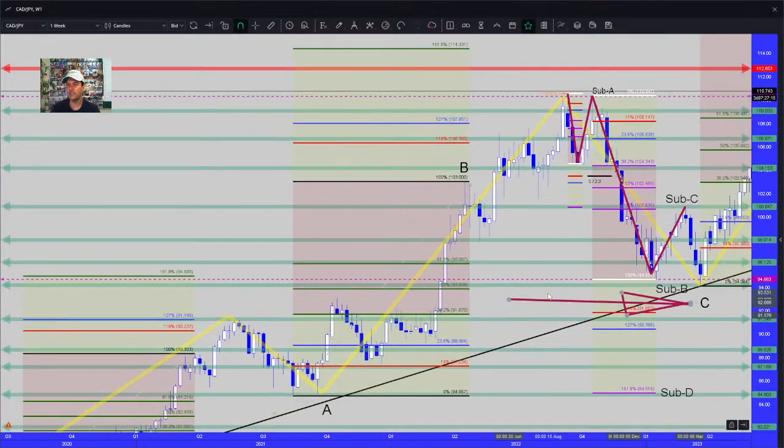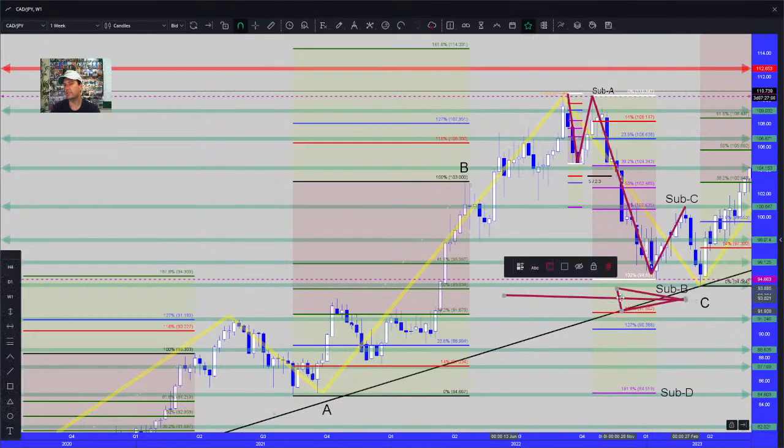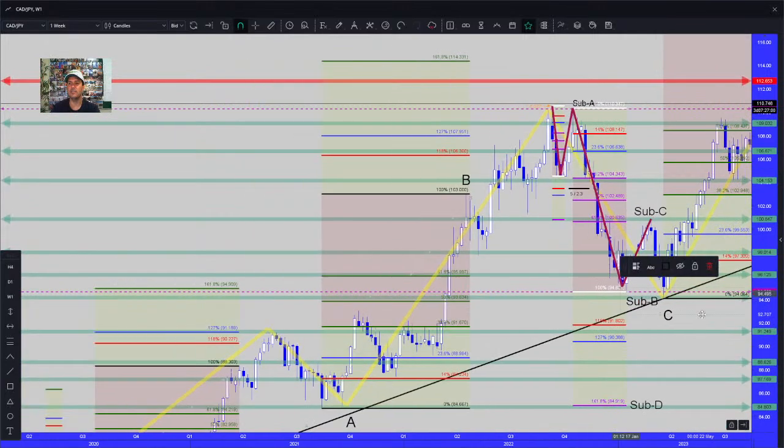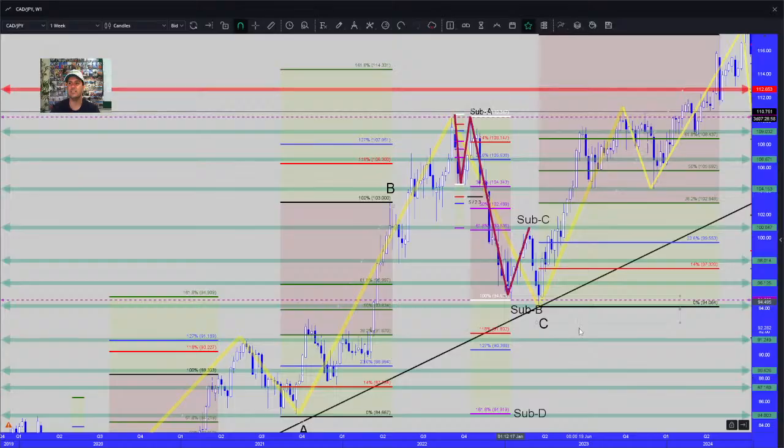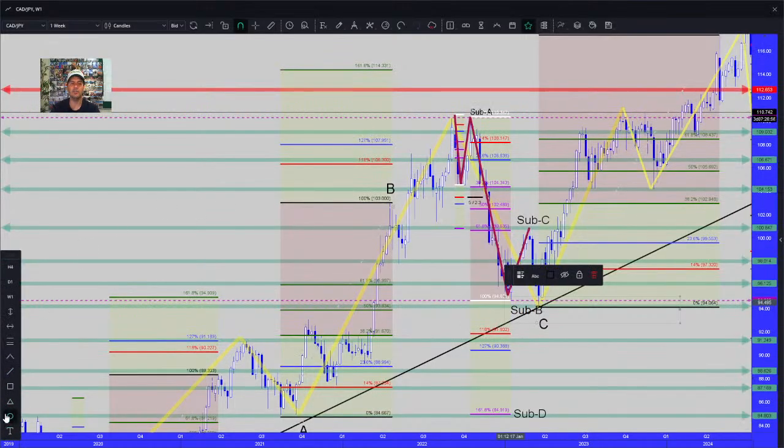I'm sorry. No, this is not a confirmed C, everybody, because the sub D is above the capital A. Alright? Before we finish for today, did the market hit the extension of the original one? Yes, it did.